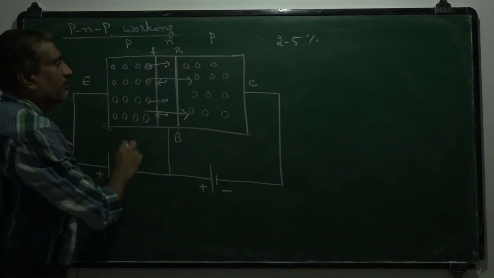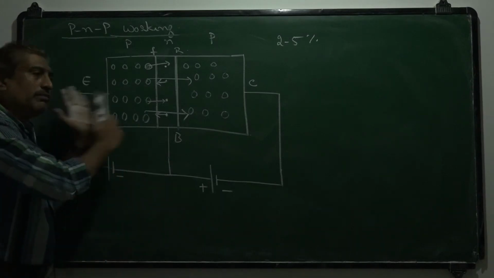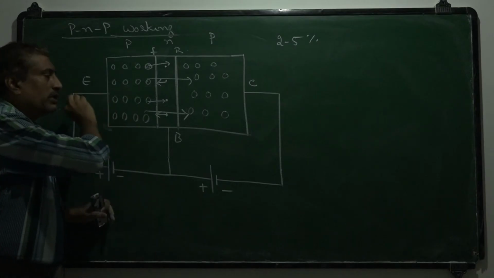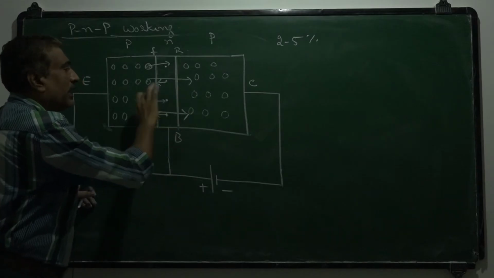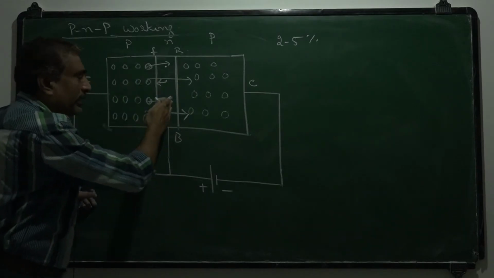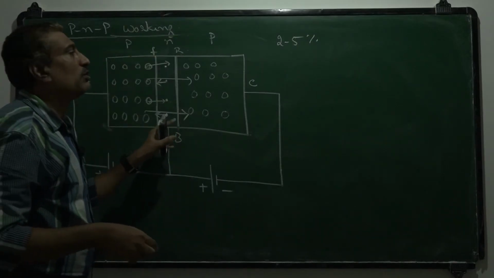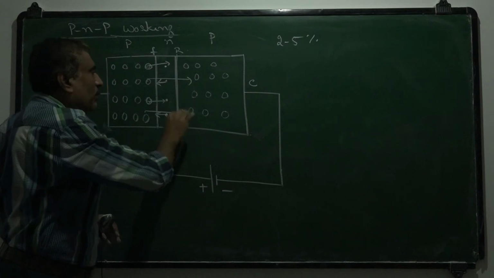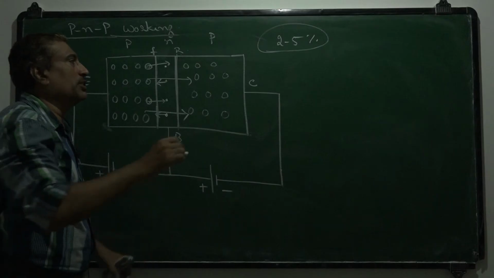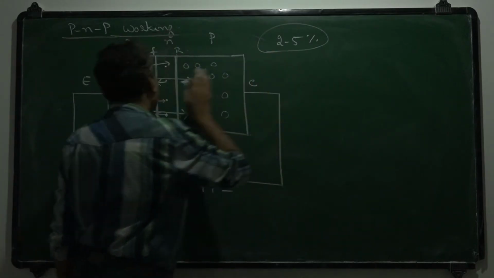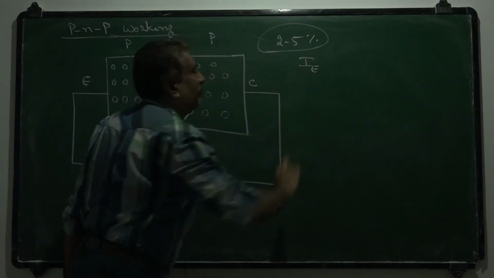Due to this forward bias, the holes are repelled, so they move towards the junction, cross it and enter the N region, where they combine with the majority carriers, which are free electrons. As this region is very lightly doped, about 2 to 5% of them may combine with the electrons. The holes moving towards the junction constitute the emitter current IE.